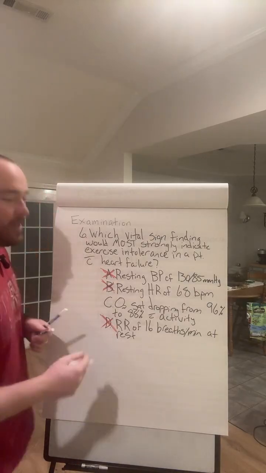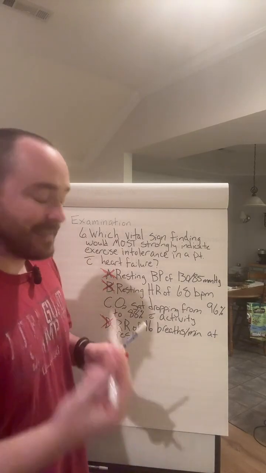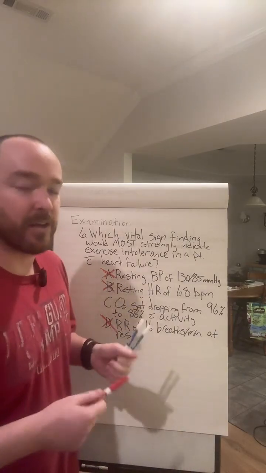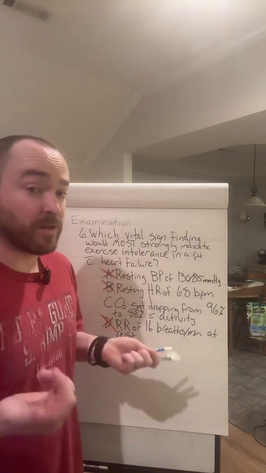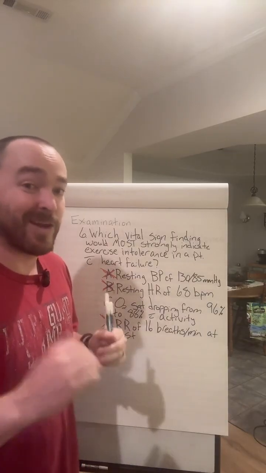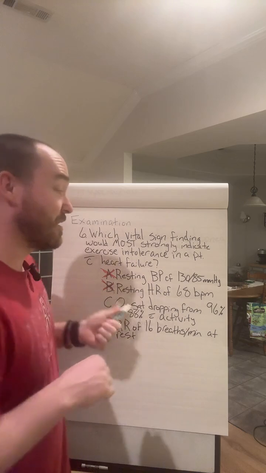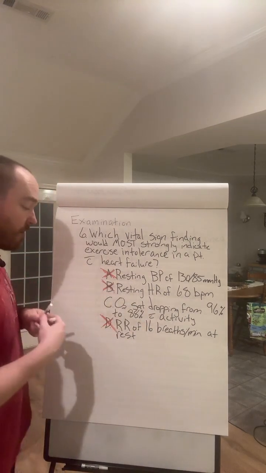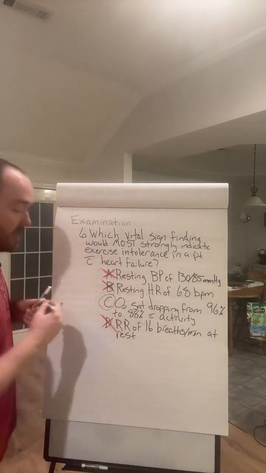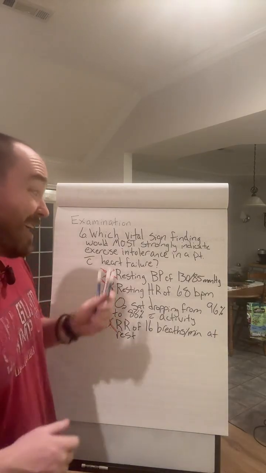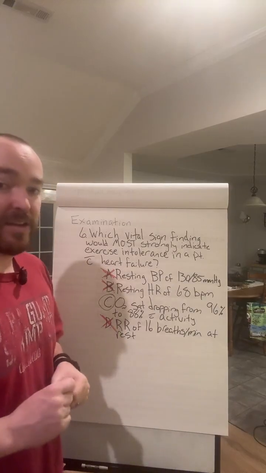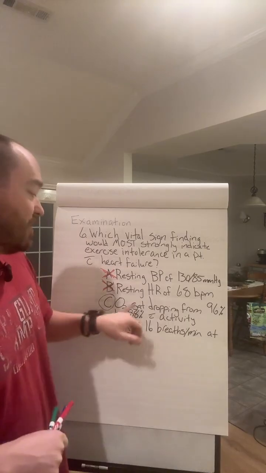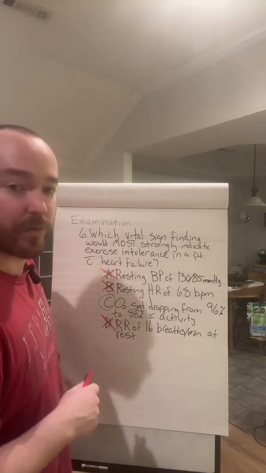You can't directly say that indicates poor exercise tolerance, but those would be yellow or red flags, and I wouldn't initiate mobilization at this time because they don't seem stable. So with that being said, C: if they've got O2 sats dropping by 8 points with activity and they don't have COPD, they have heart failure, that's a pretty big deal. I'm going to say they're probably not tolerant to exercise.